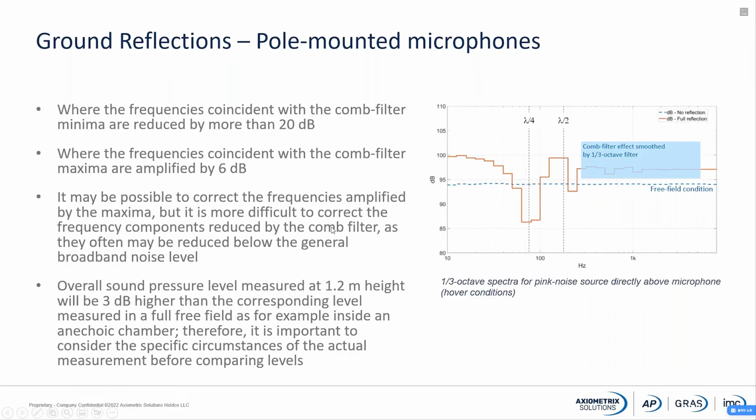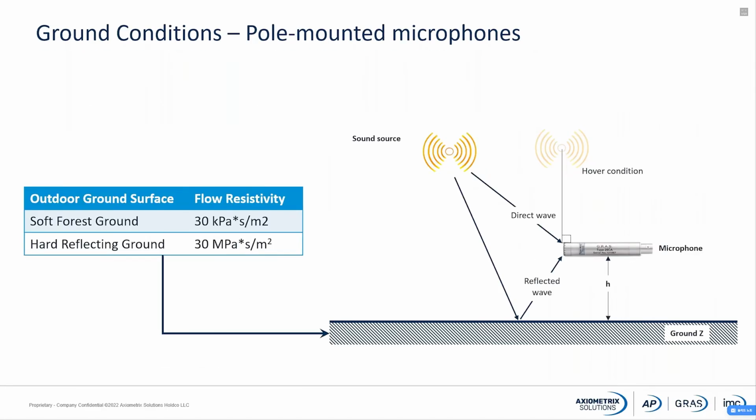Then you might say that this is, of course, just a theoretical calculation, and it is not going to be that bad if we are actually doing it in the field. Because there you have maybe a soft forest ground, or you can have a hard reflecting ground. You don't really know what sort of material you're having as surface.